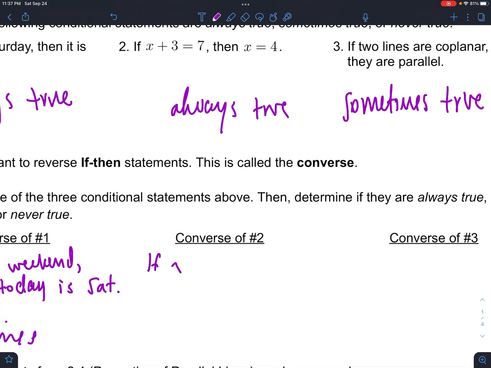The converse here is if x is 4, then x plus 3 is 7. Yeah, that's true by the addition POE, right? Always, sure.